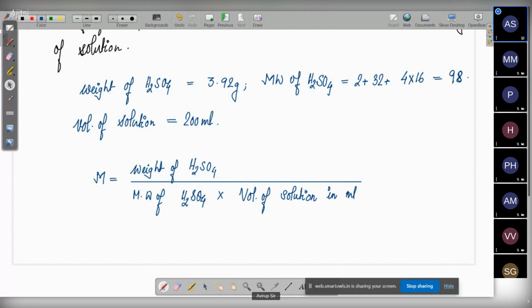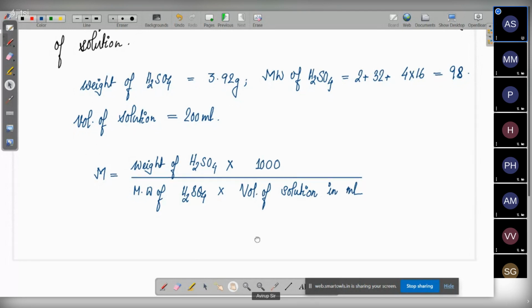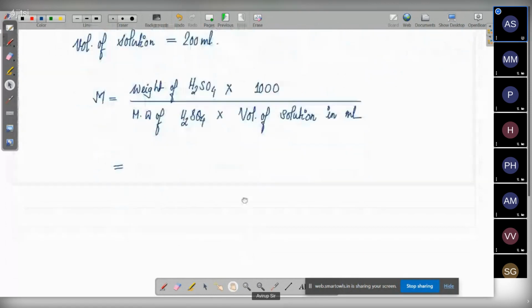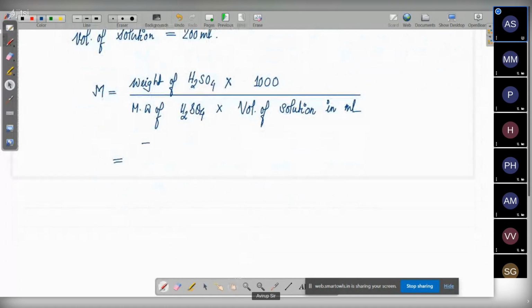Because it is in milliliter, in the numerator you multiply by 1000, or you could have also written volume of solution in liter. That is also perfectly acceptable. So just put down the values. It is given as 3.92 into 1000 divided by 98 into 200.